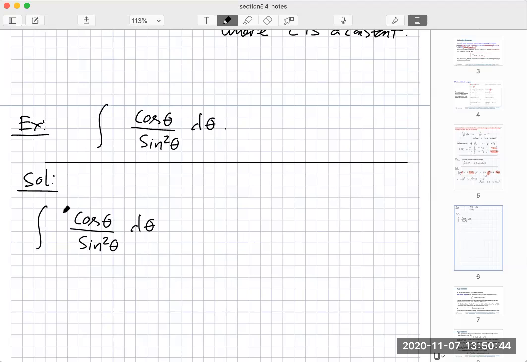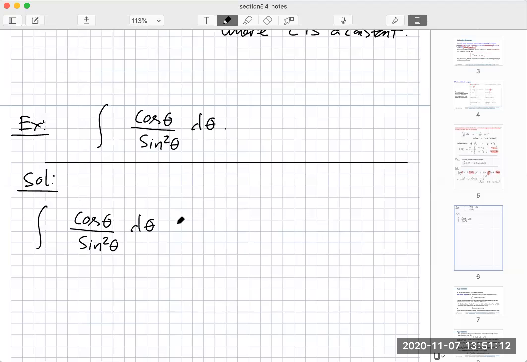Look at the table. What do you have? What is the most related formula that we can use? It's tangent, sine, cosecant.